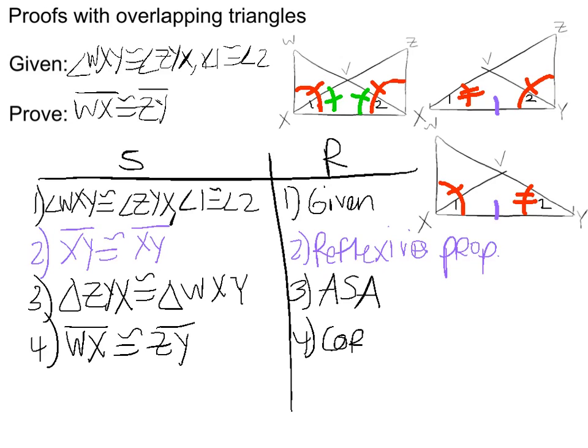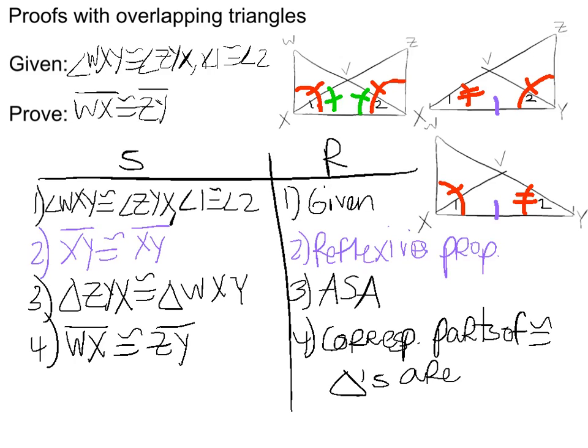Because corresponding parts of congruent triangles are congruent. Now, this is a fantastic proof, and I hope you study it. And remember, the toughest skill is not so much the proof in this lesson. I would say the toughest skill is being able to take this diagram and break it into two triangles where you can see that they are congruent. So keep that in mind.